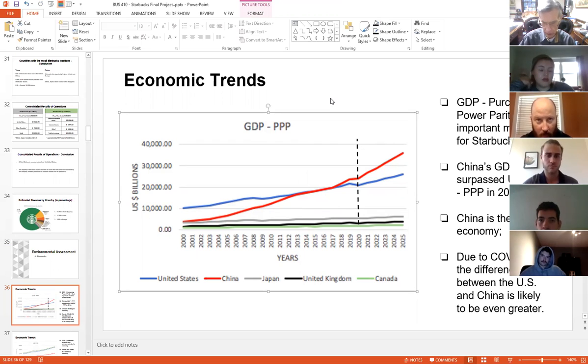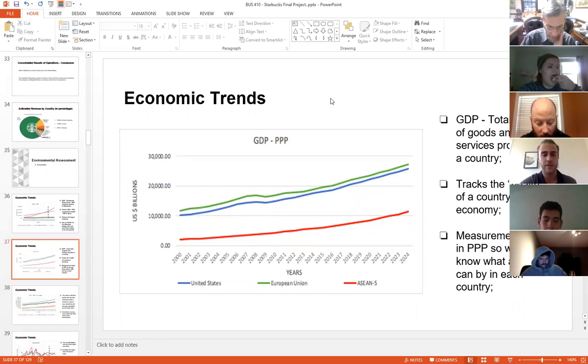And then maybe a little follow-on statement would be that later on down the road, Starbucks is going to have to develop an approach to growing in India. So as you said earlier, China is the growth market of the present, India is the growth market of the future. Yes. Here I'm just comparing the US, European Union, and Asian 5.